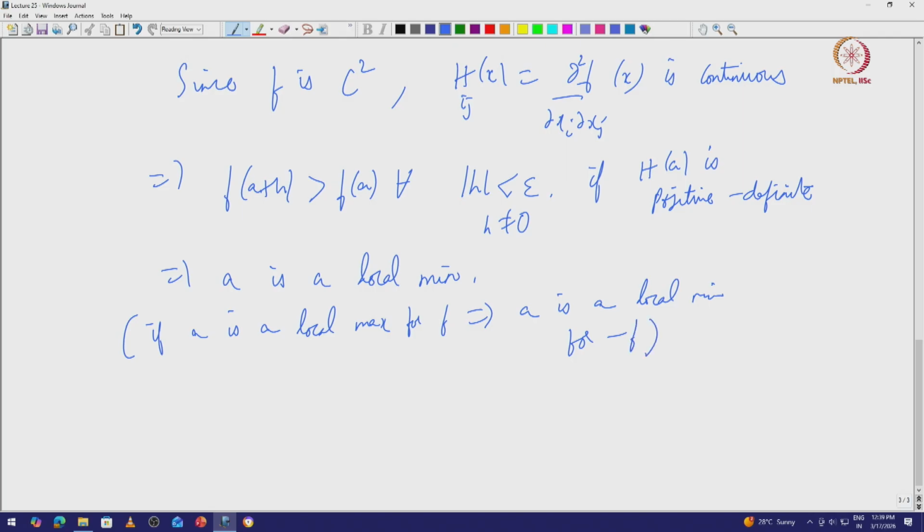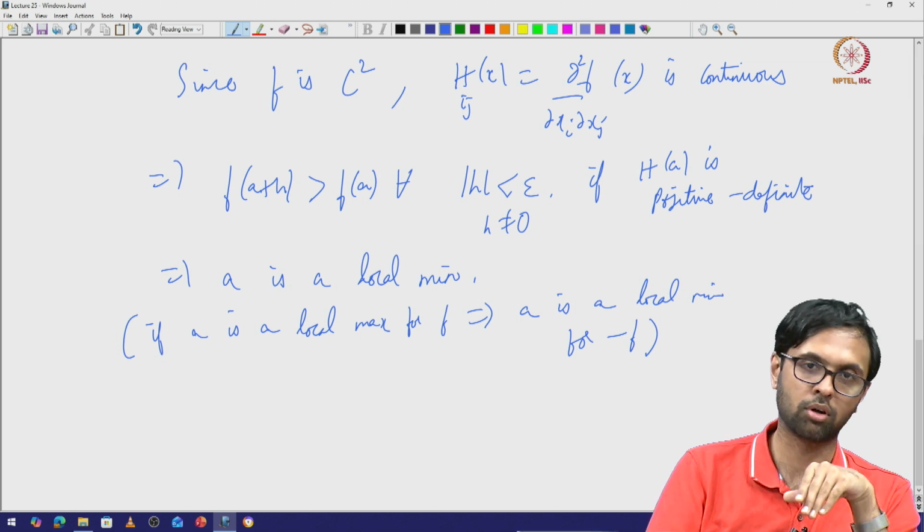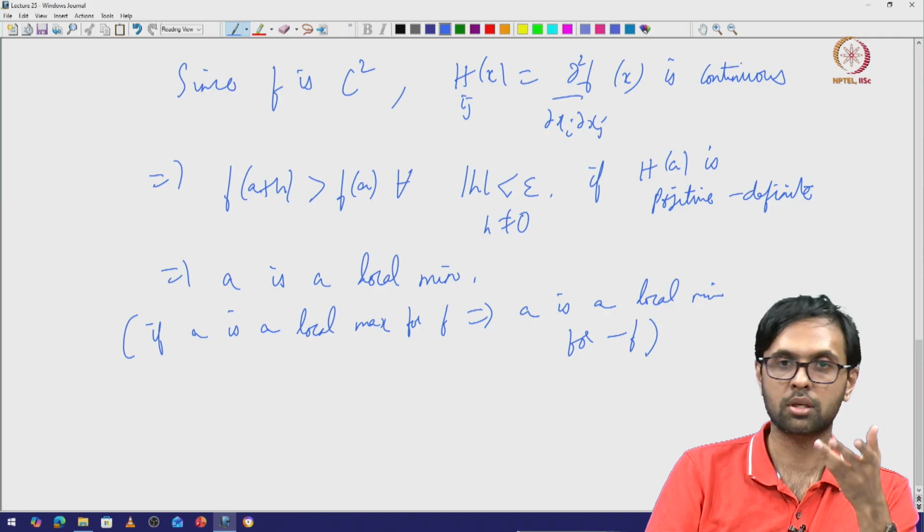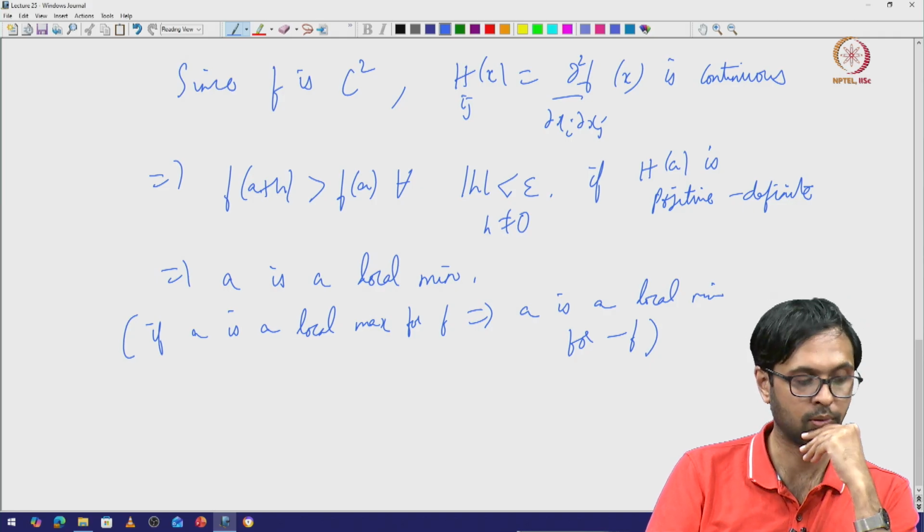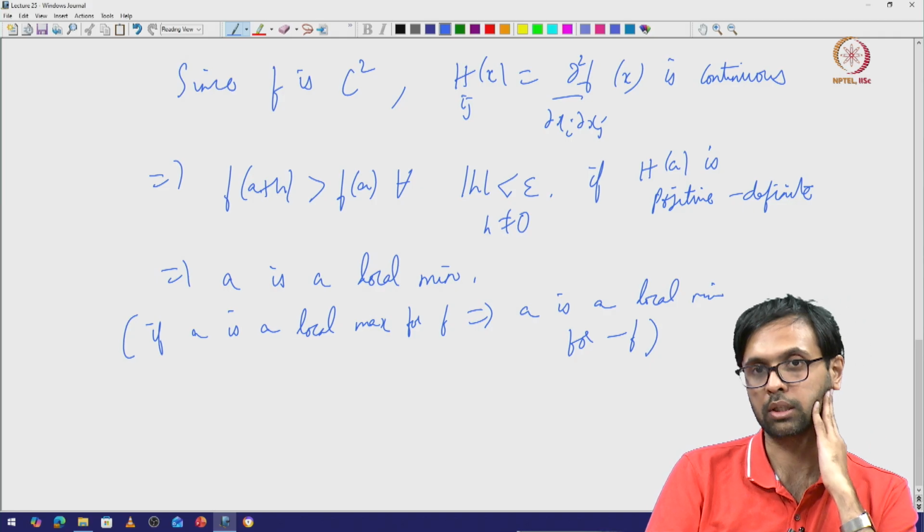And the Hessian of minus f is minus of the Hessian of f. And if a matrix is positive definite, minus of the matrix is negative definite. So the same result proves even the local maximum case.